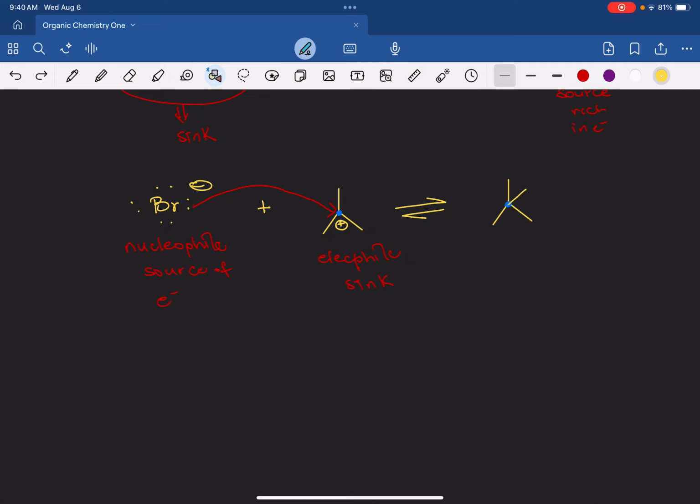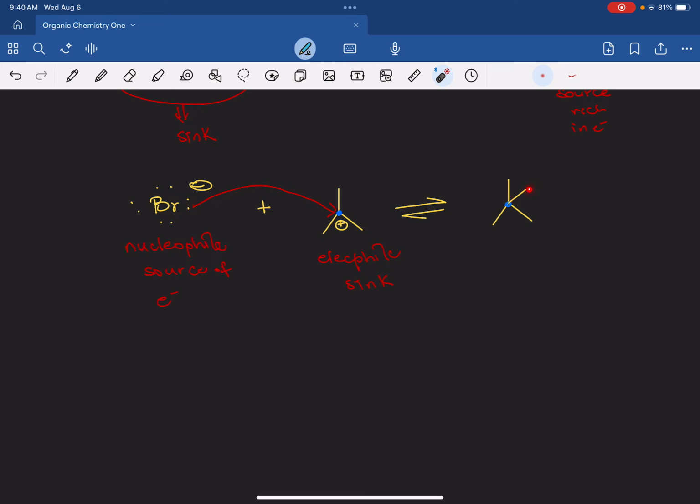I need this bond to look better. Now, follow me. Here we have bromine with lone pairs. Notice I still have these lone pairs. They didn't go anywhere. The bromine needs to be bonded right here, because this arrow means that the lone pair made a bond with the blue carbon. Bromine is who these lone pairs belong to.